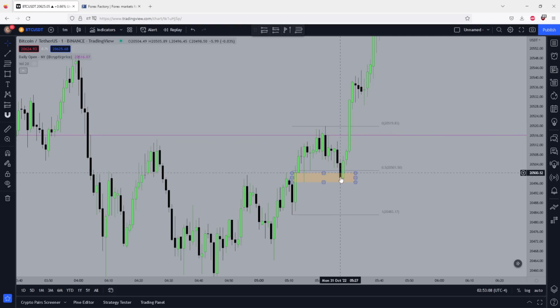So it goes into the order block by 20 cents prior to them pushing higher. And we can also see this candle right here has a low of 20,496.46.